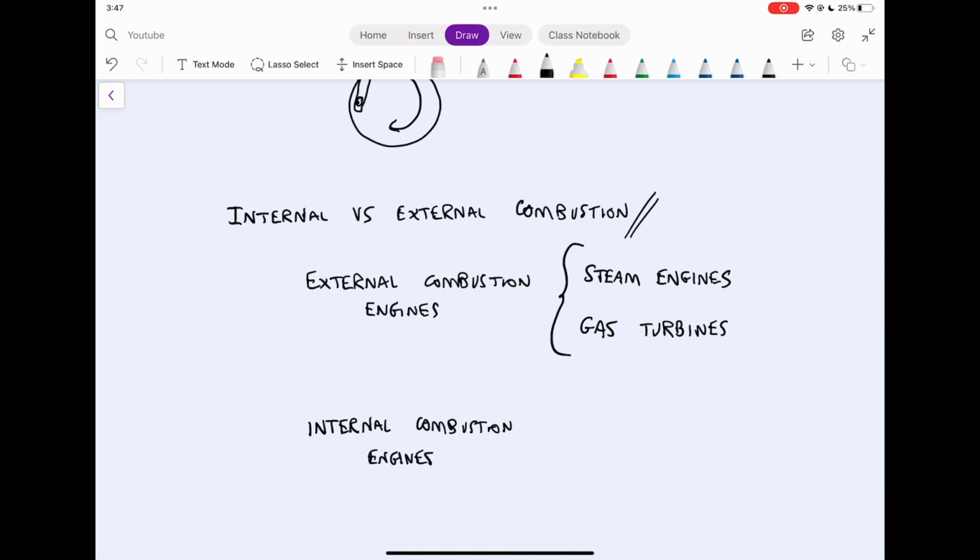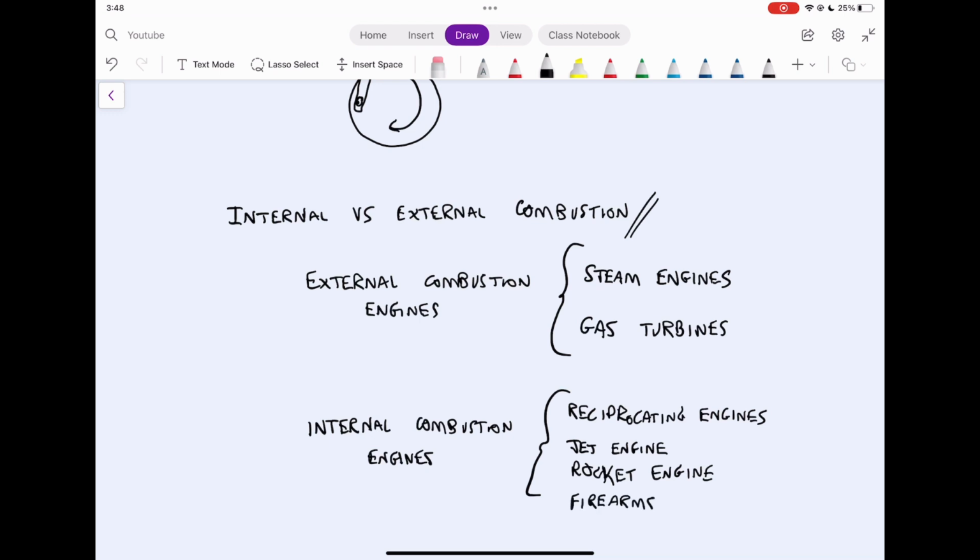Now, for internal combustion, reciprocating engines, as we saw right above, are internal combustion engines because there is an inner chamber where the combustion is happening. Another example of an internal combustion engine is a jet engine in an airplane. However, we will not be covering that in much detail in this lecture series.